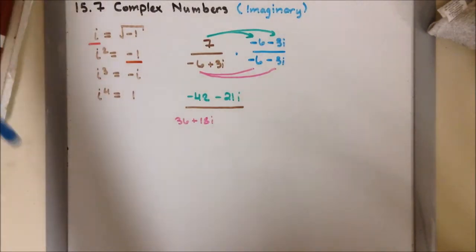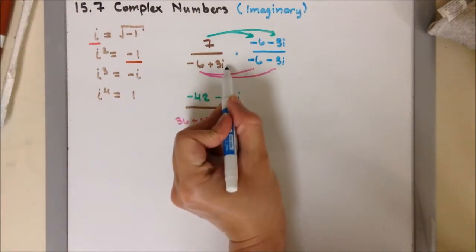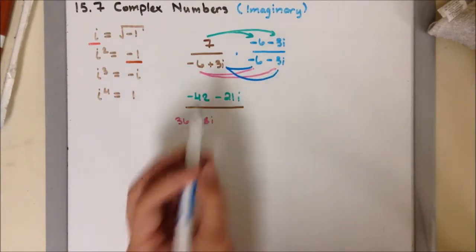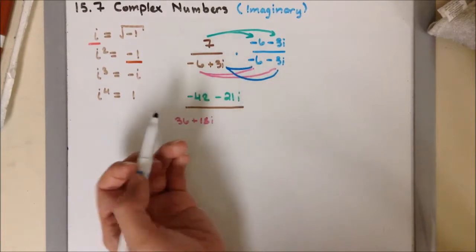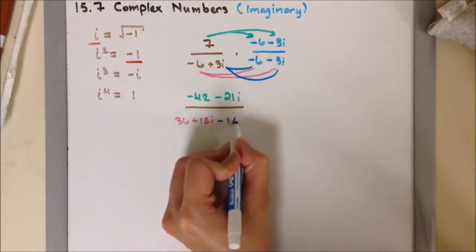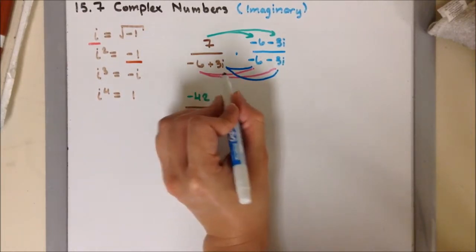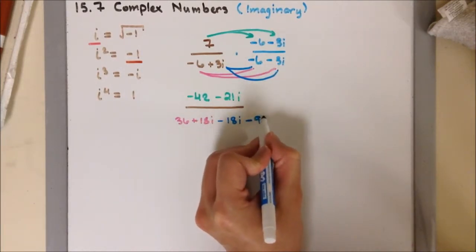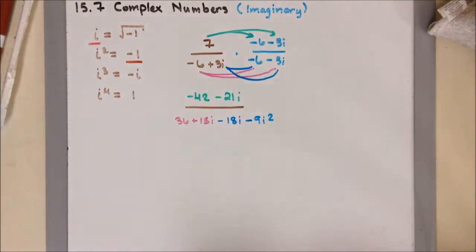And then the next part is the 3i. I'm going to multiply it with the negative 6 and the negative 3i. So 3i times negative 6 will be negative 18i. 3i times negative 3i will be minus 9i squared. So that's what's in my denominator.